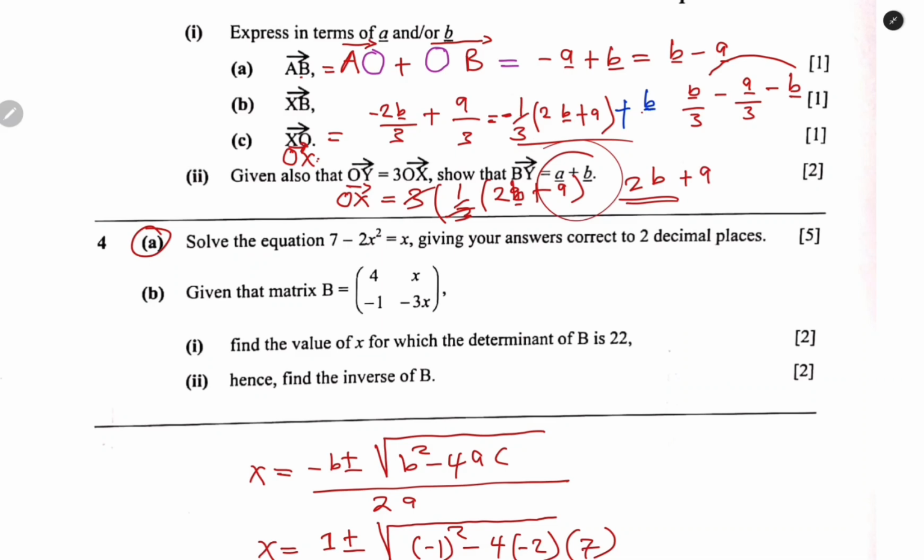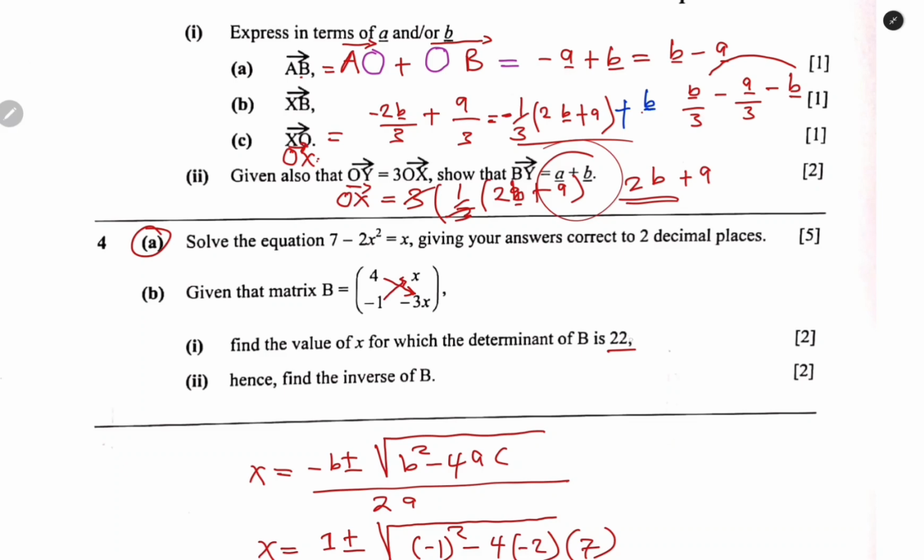For the question on matrices, given that the matrix B is equal to this one, find the value of x for which the determinant is 22. So now how do you find the determinant? You normally multiply the major diagonal, then minus this. Then of course it is equal to 22, the determinant you are given.